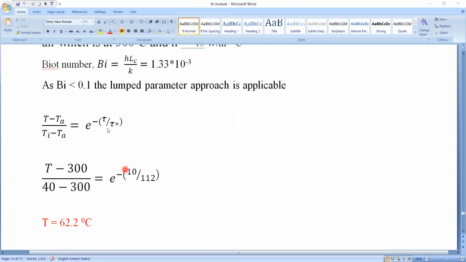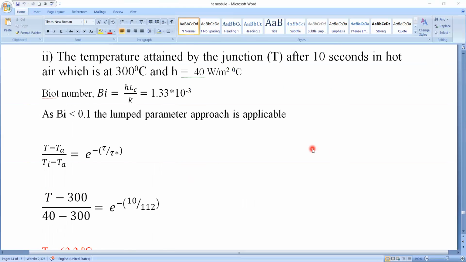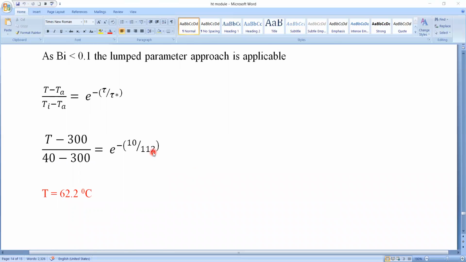Now substitute: tau equals 10 seconds because the thermocouple is in the hot air at 300 degrees centigrade for a period of 10 seconds, and tau star is the time constant, 112 seconds. The only unknown is T, so T equals 62.2 degrees centigrade.